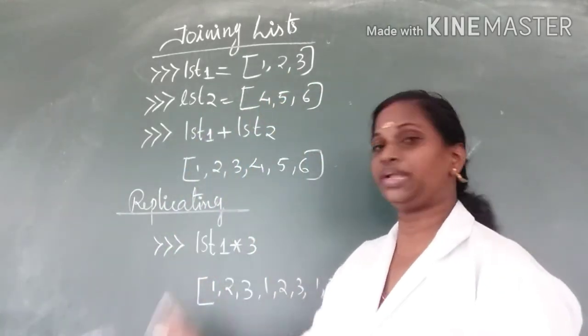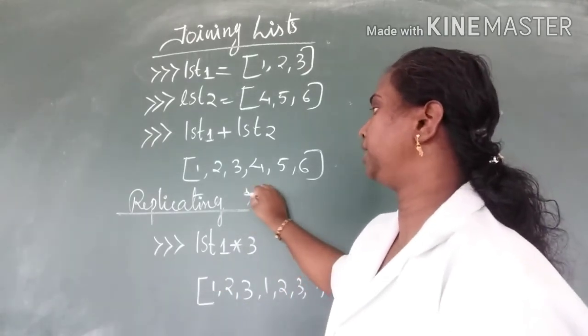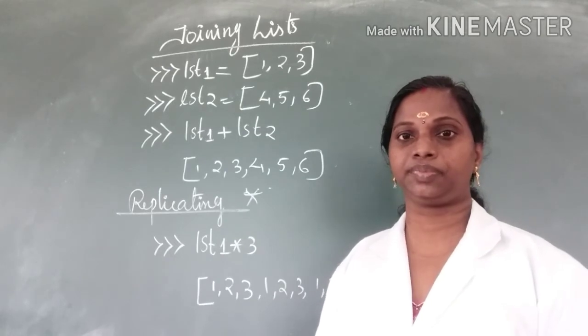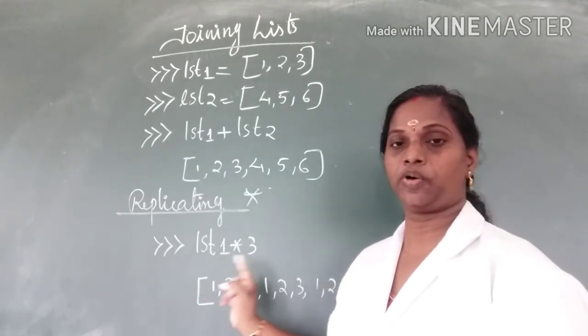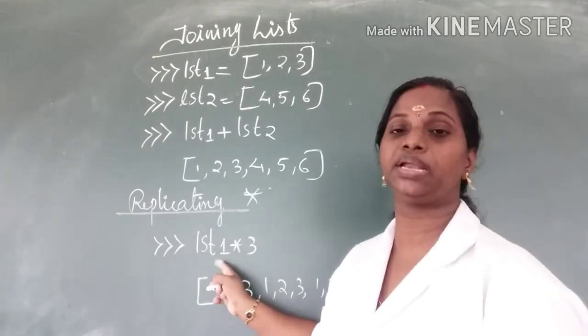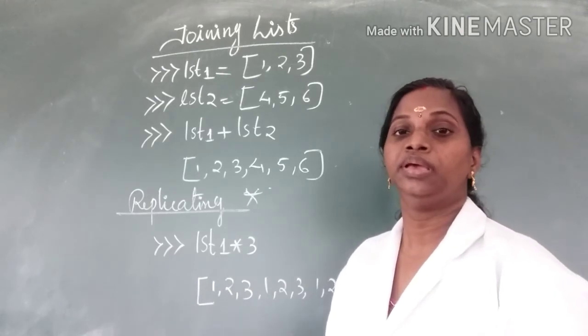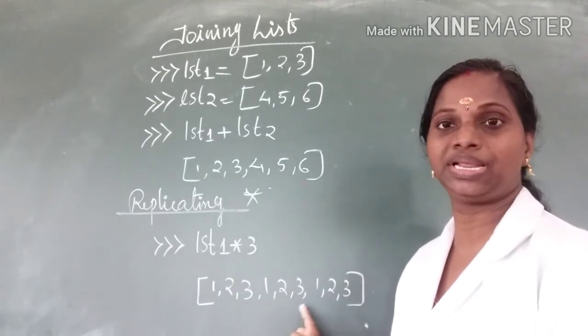Next one is replicating. The replicating operator is star. In the example, LST1 star 3 means this list will be repeated 3 times, that is 1, 2, 3, 1, 2, 3, 1, 2, 3.